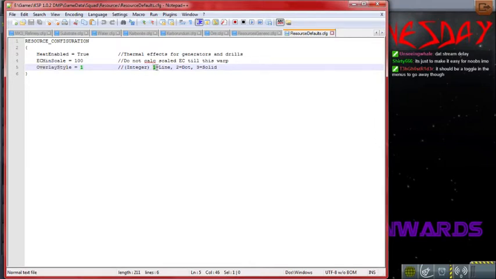Right. You can tell it which one you want to use by default. So this one is actually set to line, which, to be perfectly honest, I think looks really awful.